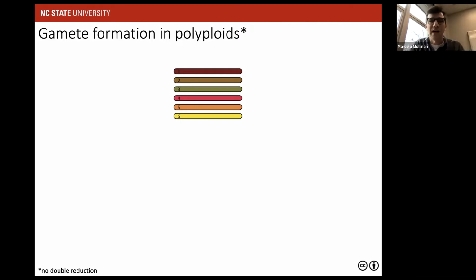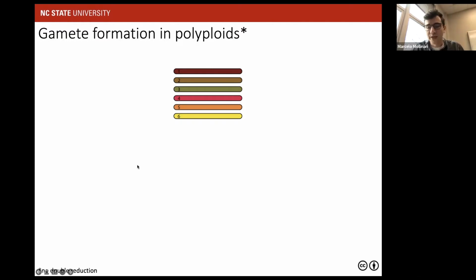the gametes are formed. Here, I'm doing a simplification. I'm choosing not to assess double reduction, as I said to you, which is a gamete that contains the same homolog twice.